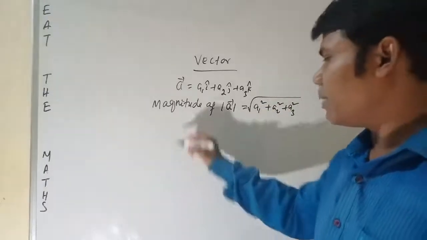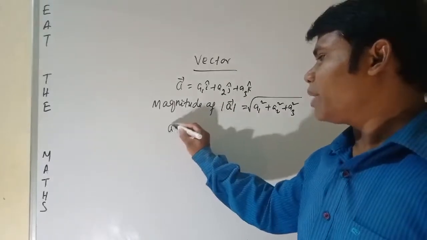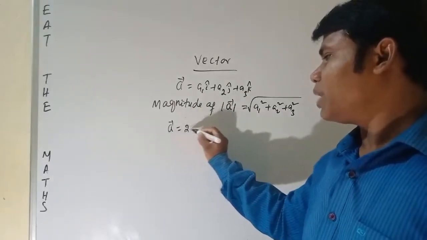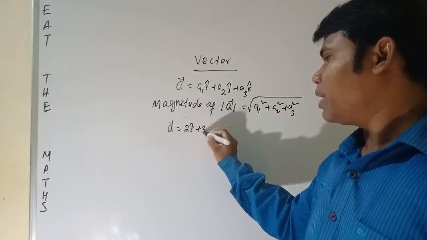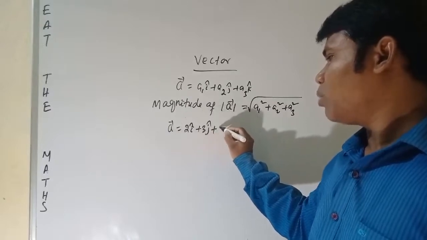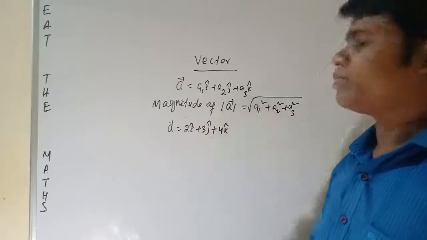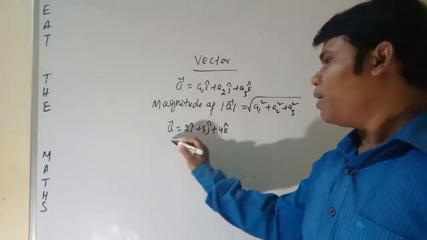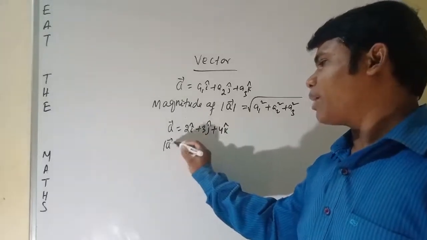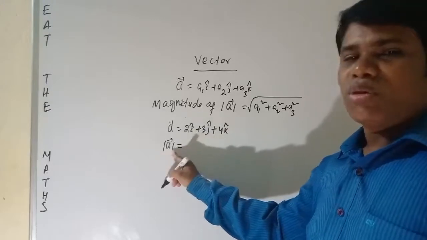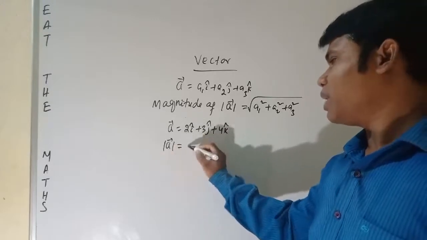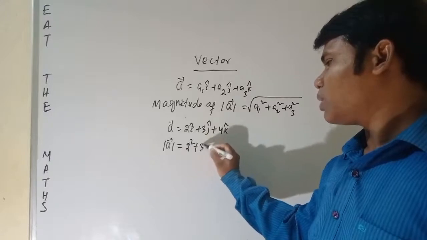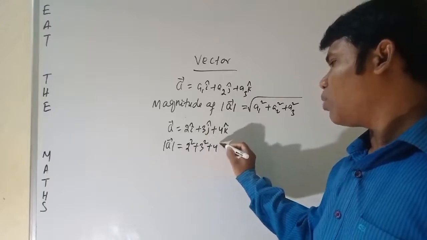Suppose a vector is given, that is 2 i cap, 3 j cap, 4 k cap. If you calculate the magnitude of a vector, that is modulus of a, you can say that is the square root of 2 square plus 3 square plus 4 square.